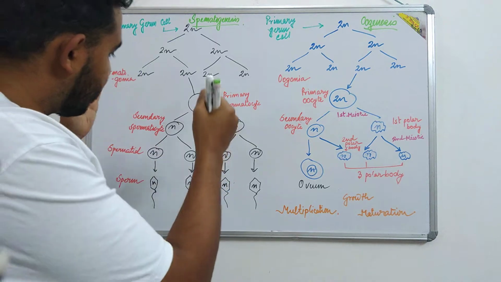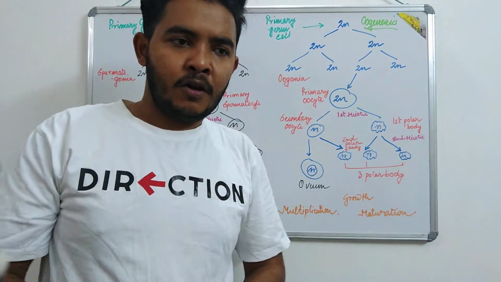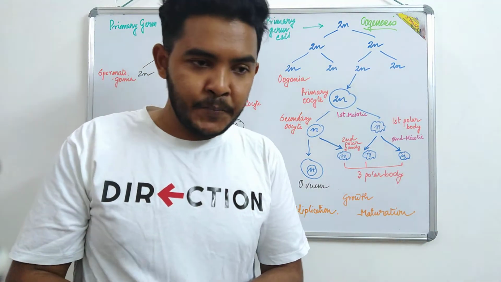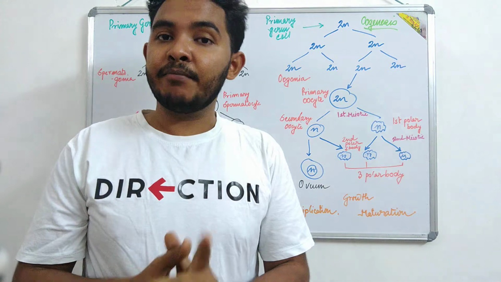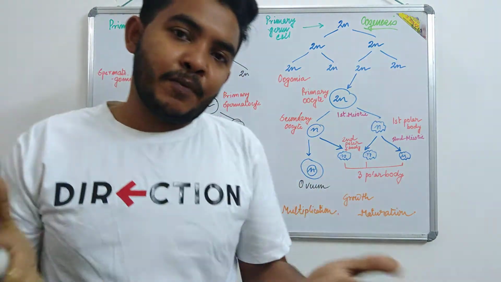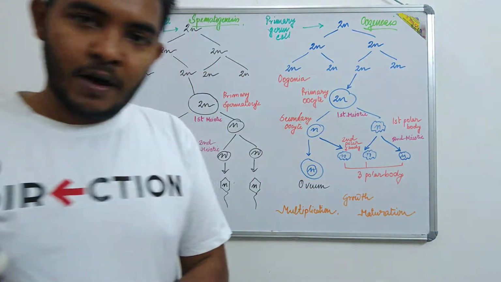So what is the need of developing these polar bodies? Look, one ova comes out from the body of the female on a particular timetable. We call it the menstrual cycle. Only one ova in a month. And there are so many sperms, they run together and compete to fertilize that one ova.